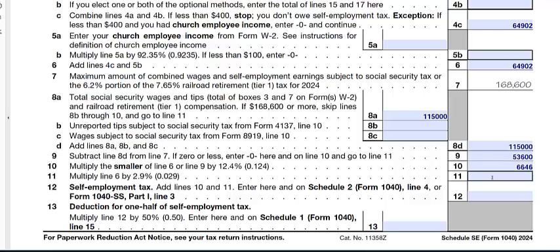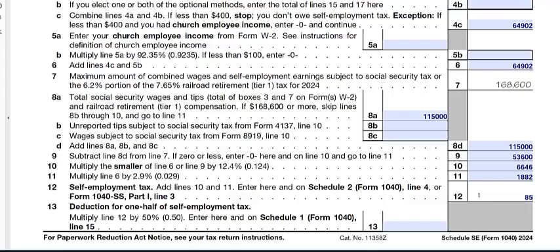Now we're going to calculate the Medicare, and we're going to multiply line 6 by 2.9%. Medicare doesn't have a threshold. So you'll pay Medicare no matter how much you make. On line 12, we're going to add 10 and 11 and get our total FICA taxes, Social Security and Medicare.